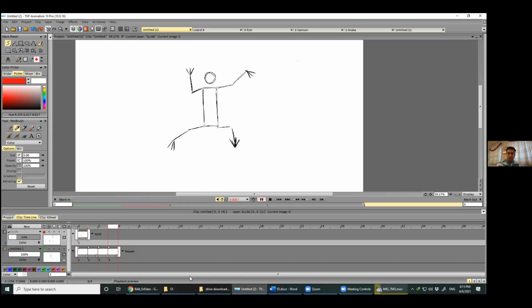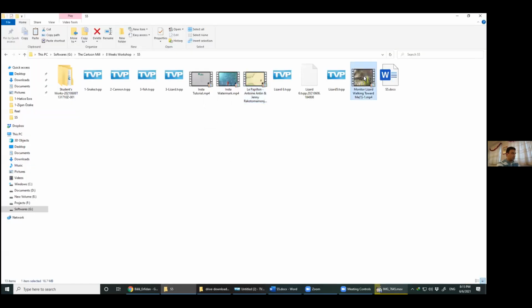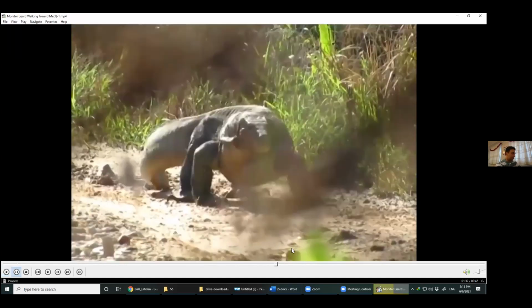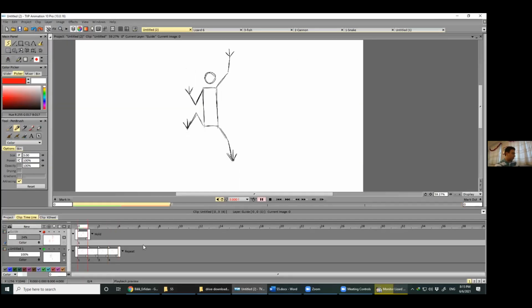Let's see a video reference. As you see, this is a large lizard. Look at this frame. This is very similar to this frame.